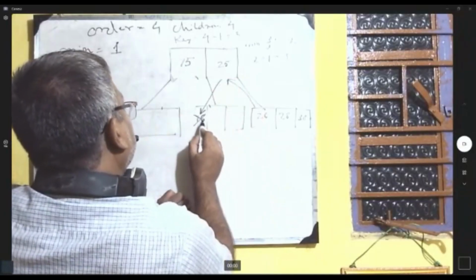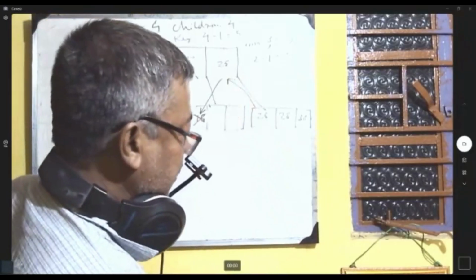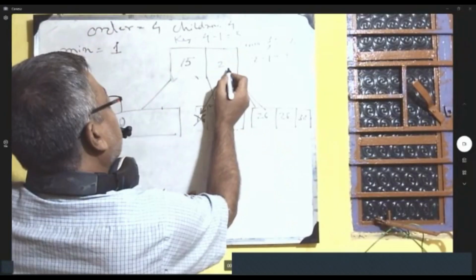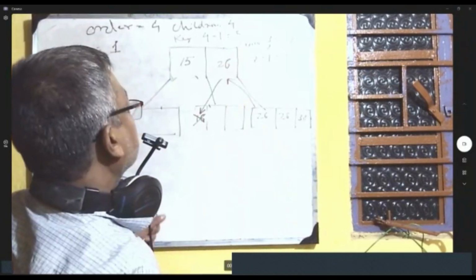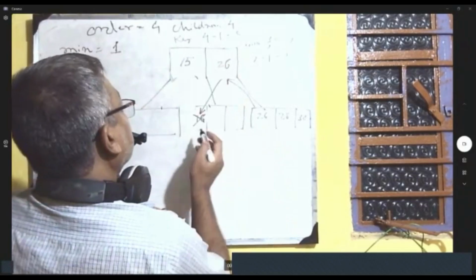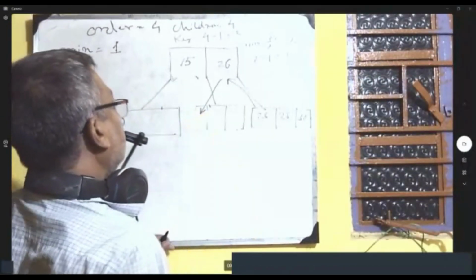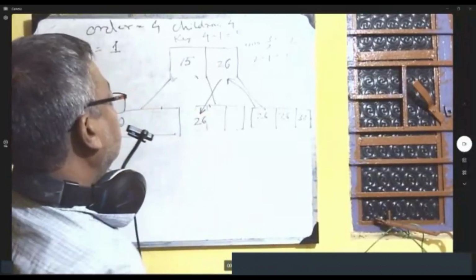So 16 is deleted, 25 will come here, and 26 will take the place of 25. So 26 is appearing here, and 16 was 25. 26 is coming in place of 15.